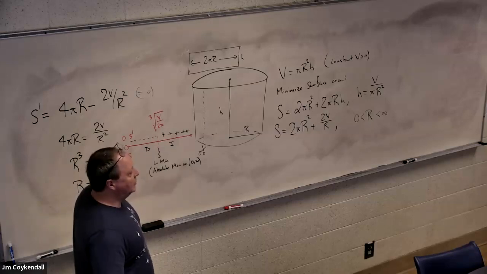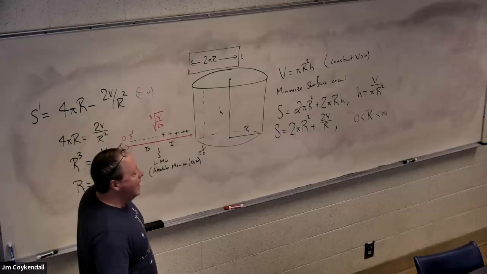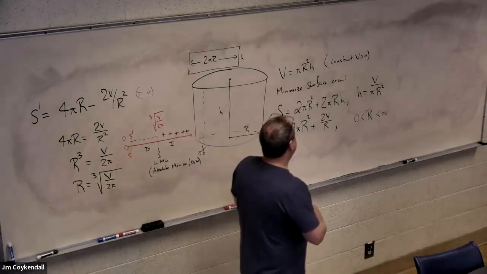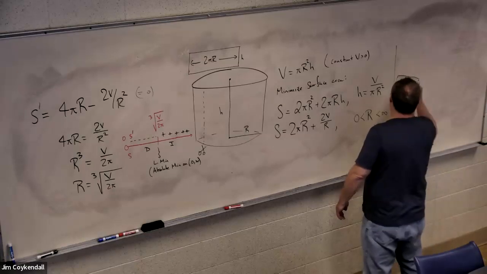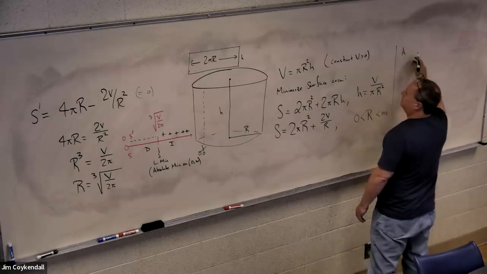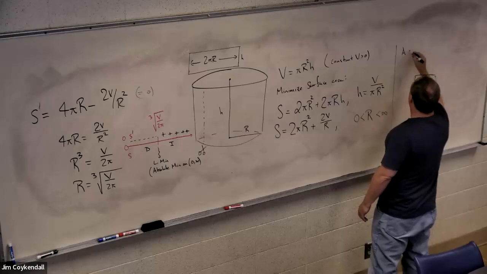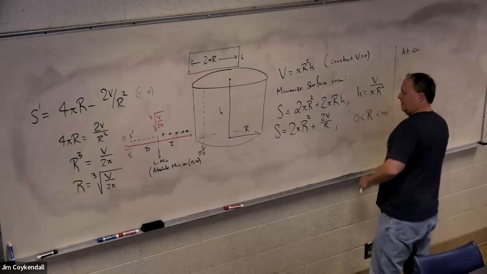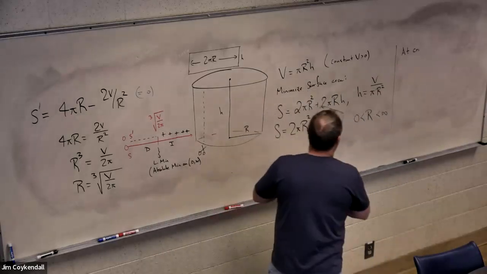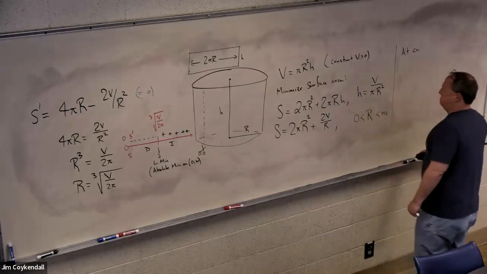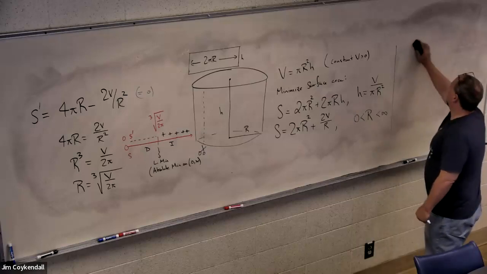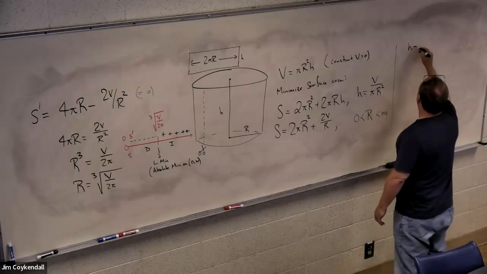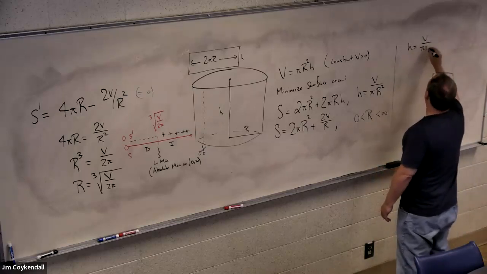I believe the final question was to find the ratio of H to R. Is that right? I think this is going to make sense. Notice H is b over pi r squared.